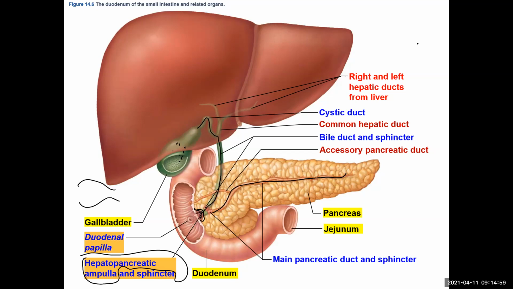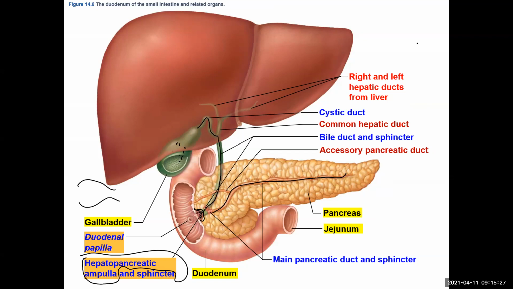What's the function of the juice from the pancreas? I said digestion of proteins, digestion of carbohydrates, digestion of lipids. Everything gets digested here, not only one thing. As I said, the digestion of everything completes here in the small intestines. We have these enzymes, and we'll also talk about the brush border enzymes in a while. So finally, everything is digested and absorbed right in the small intestines. That's why the small intestines are very, very important.